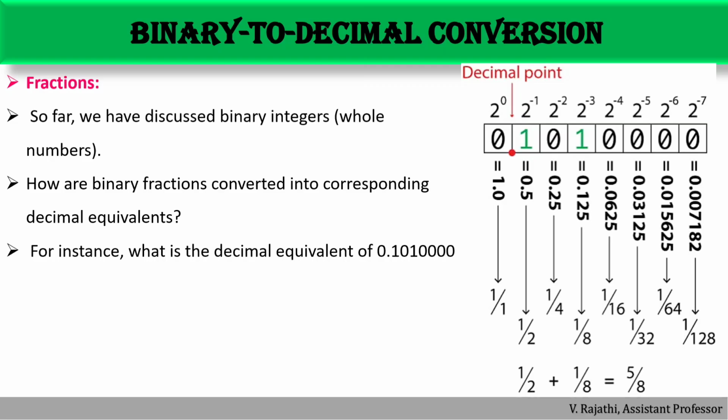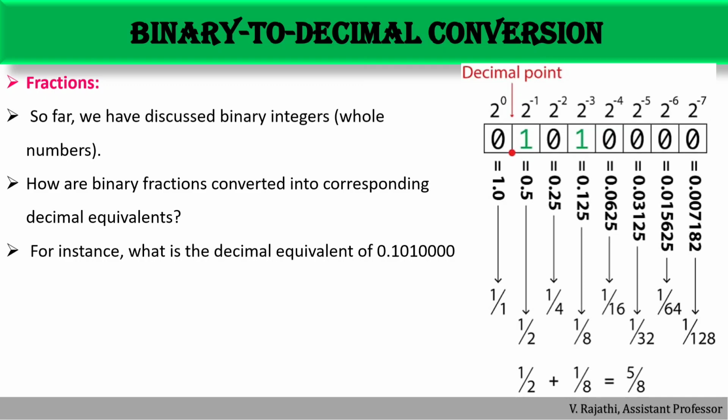Next, let's learn about fractions. So far, we have discussed binary integers, which are whole numbers. Now we need to know how a binary fraction is converted into its decimal equivalent. For instance, what is the decimal equivalent of 0.101?